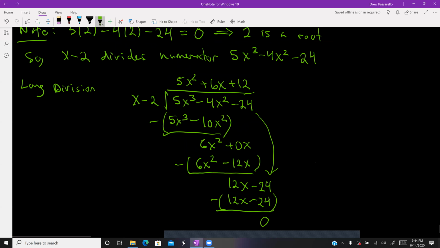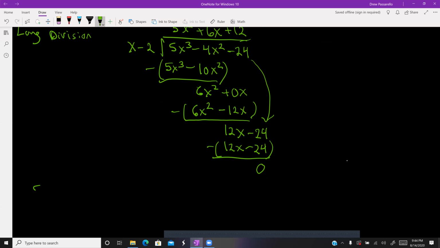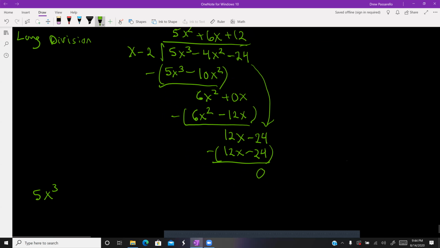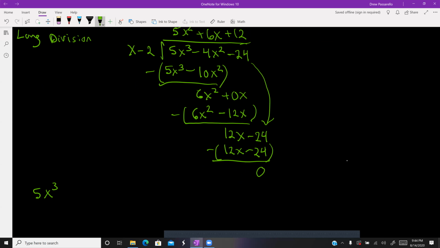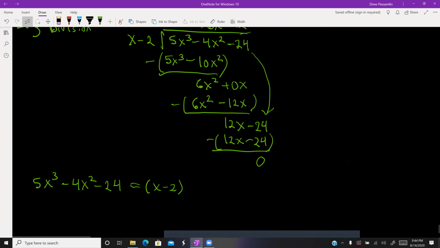So when we do our numerator, 5x cubed minus 4x squared minus 24, we can factor it into the factor x minus 2 times the quotient 5x squared plus 6x plus 12.